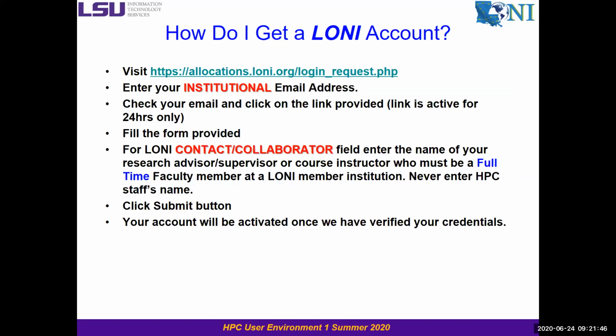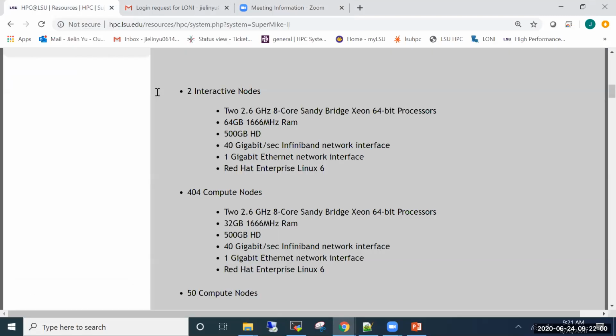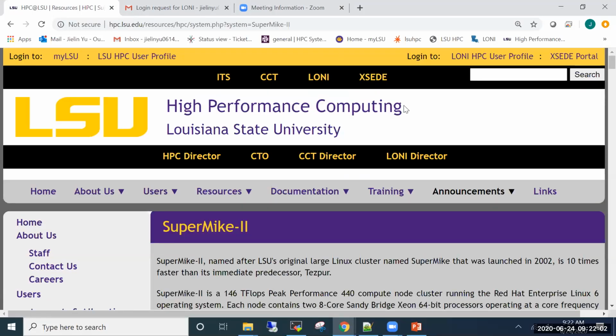And then here's the procedure of how to apply for an account. I think it's pretty straightforward. Let's go through it. If you go to our website, hpc.lsu.edu, there's a links tab here.